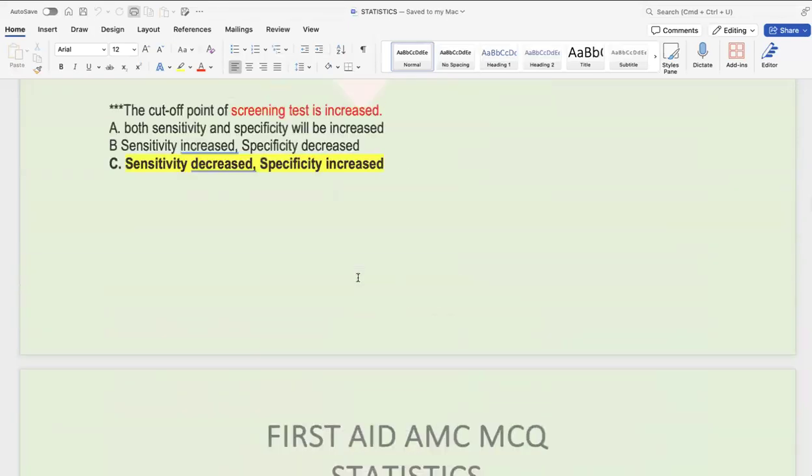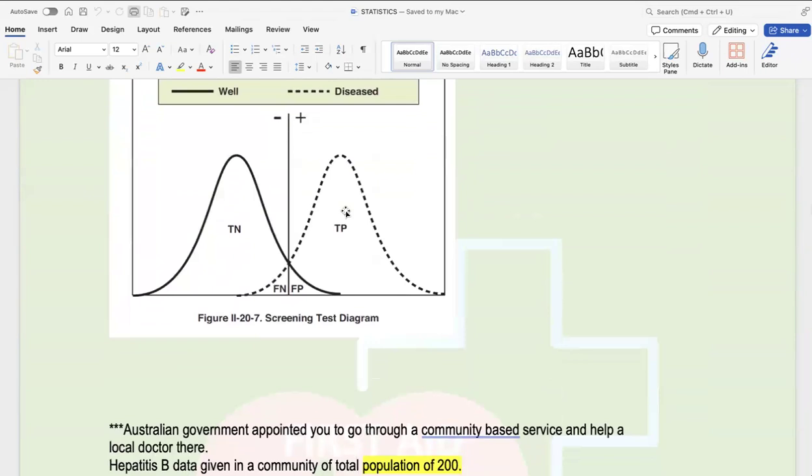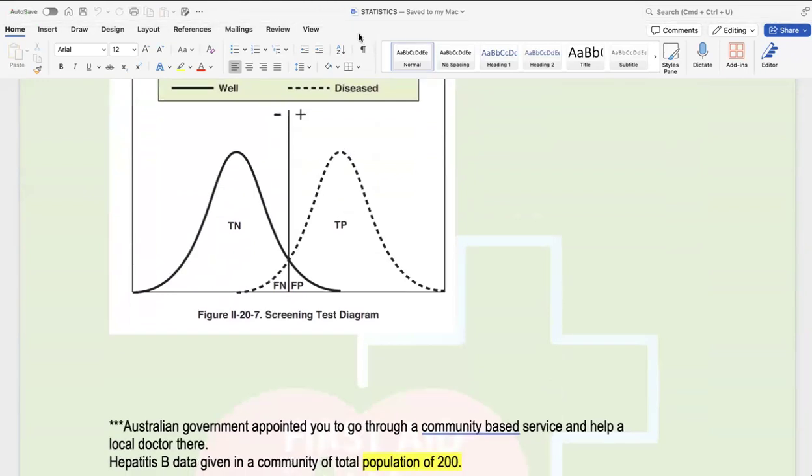So that's the baseline: sensitivity has decreased, specificity has increased. Is there anyone who understood it or no? No one understood it? It will be repeated. Good. All right.